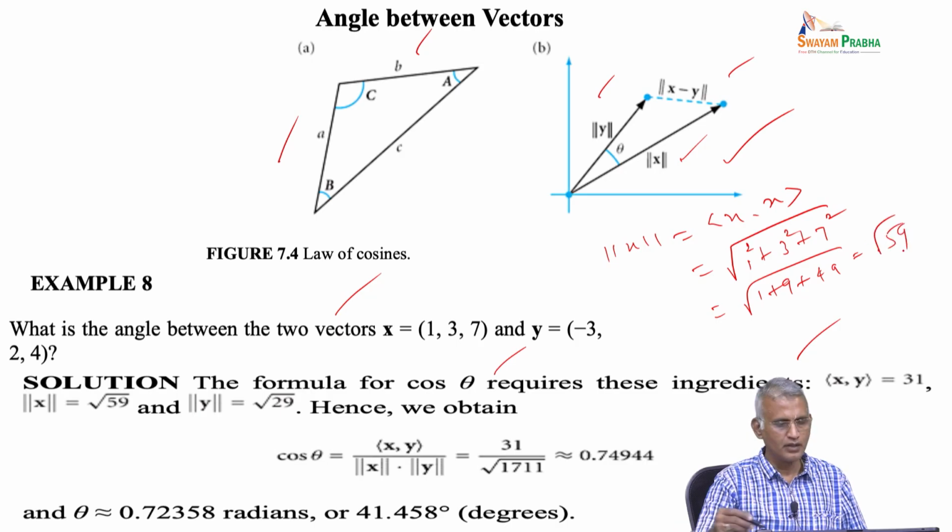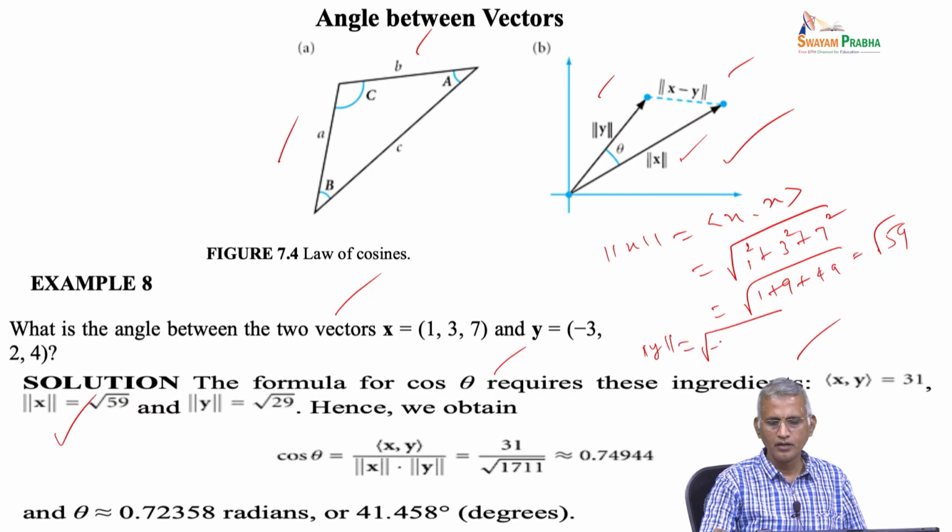That is written here. Similarly, norm y equals root of minus 3 square plus 2 square plus 4 square, which is equal to root of 29. That is what is written here.